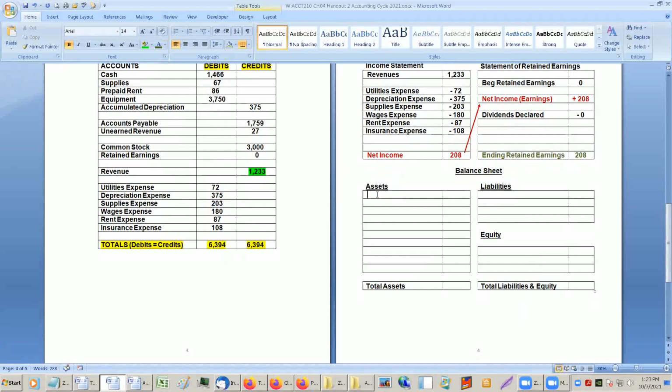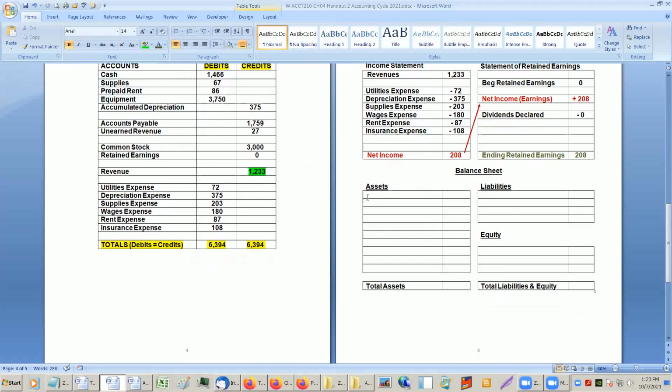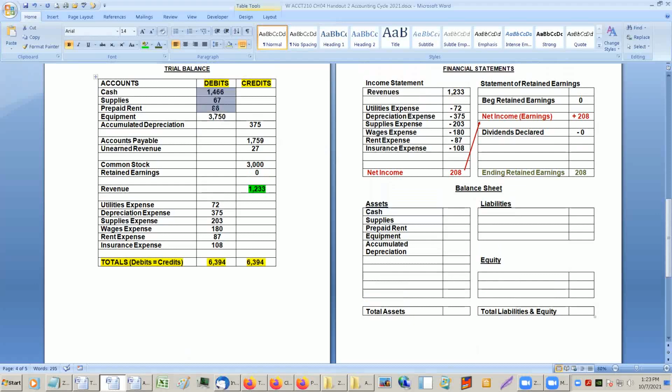Okay, let's go to the balance sheet. Be very lazy again, yet again. Okay, so we have that. Now be careful because the accumulated depreciation is going to be negative. That's because that's a contra account.